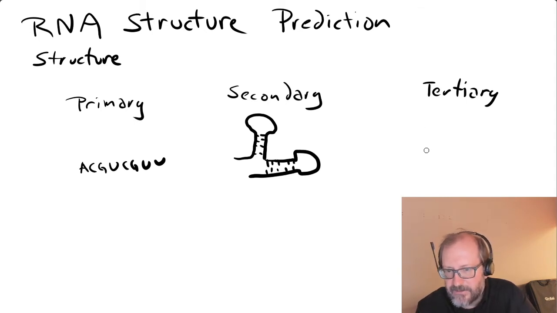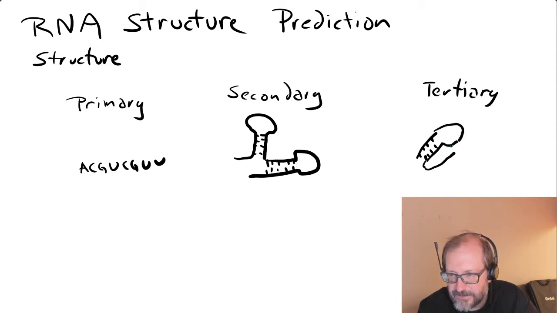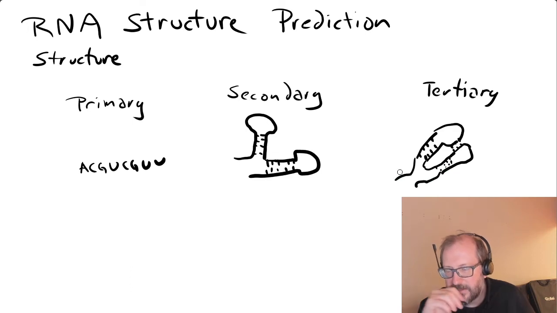This would still include the helices, which have canonical Watson-Crick interactions. But then it also includes additional interactions which may be of arbitrary type, like non-canonical base pairing interactions, using all three of their possible edges, and even interactions that are not described as base pairing, salt bridges and so on.